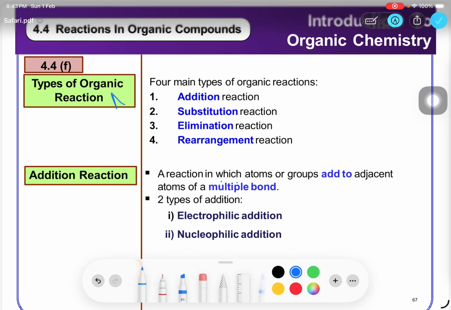We are in the next subtopic, type of organic reaction. Mainly, there are four main types. Addition, which normally will be from unsaturated compound become saturated compound. Substitution means tukar ganti.